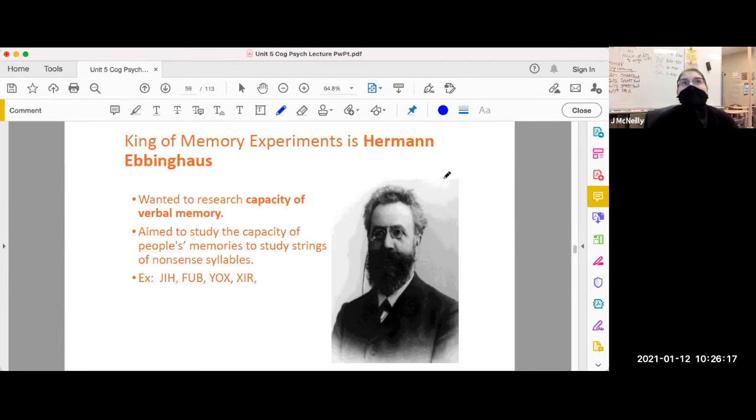So he had to make up stuff. Okay, so he made up strings of syllables of approximately 3 letters like jif, fub, jocks, zir, in order to get them to remember those strings of nonsense syllables or phonemes in order to study how quickly people learned them and how quickly they forgot them.